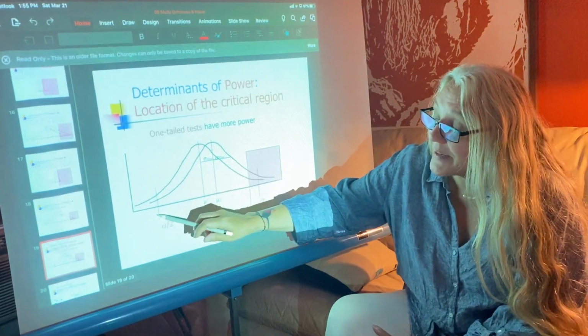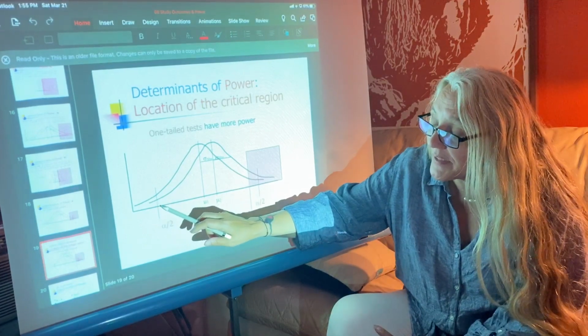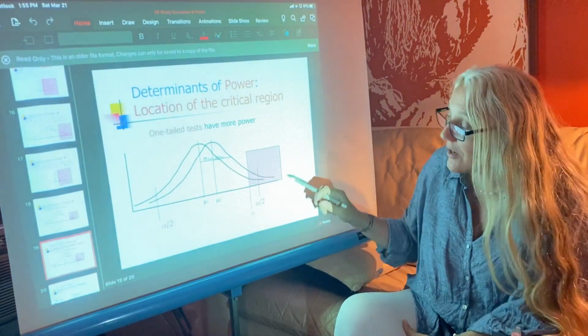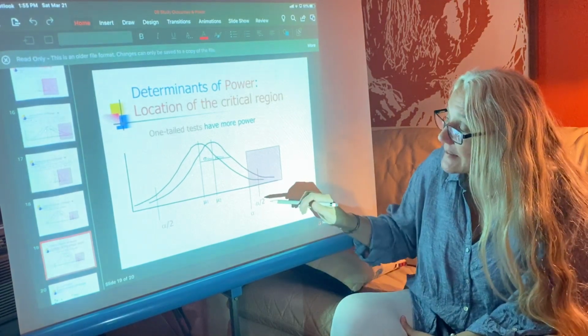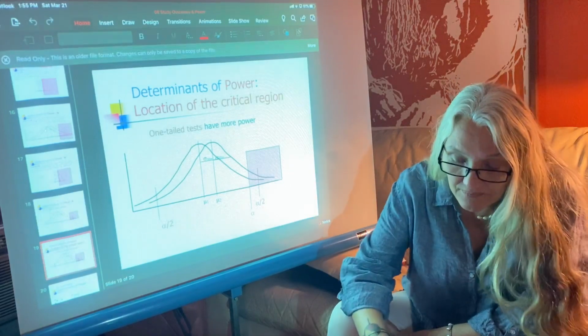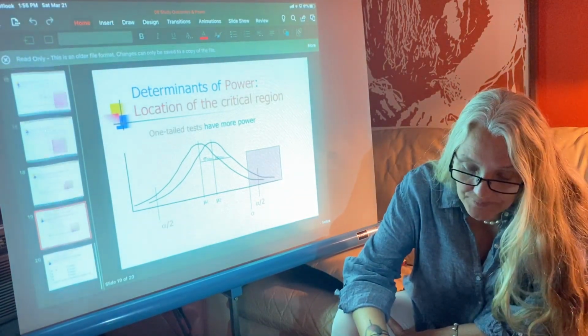See, because now in two tails I have 0.025 over here, I have 0.025 over there, but there's nothing over there for me to detect. So it's all happening over here. So a one-tail test is more powerful than a two-tail test if you choose the right side for the critical region.